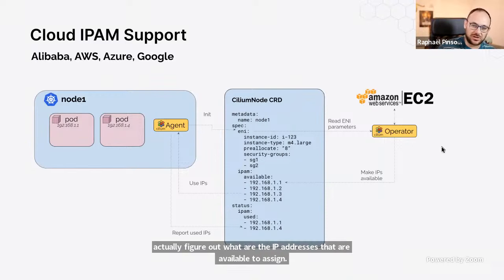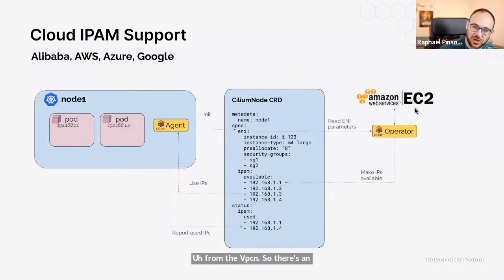So there's an operator here, a Cilium operator, that will talk to the AWS API and retrieve IP addresses that are available to assign in this VPC. And then it will assign these IP addresses to the nodes. So the CRD representation of the nodes will have a list of IPs that are available to assign on that node. There are different logics of buffering.